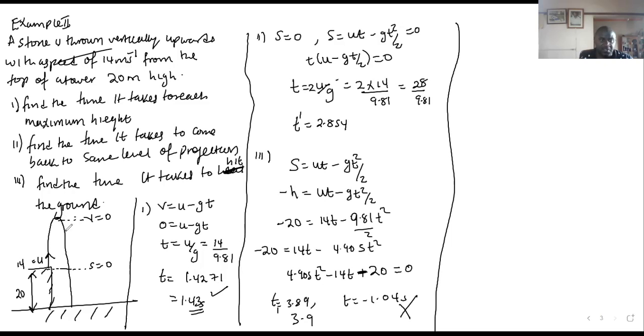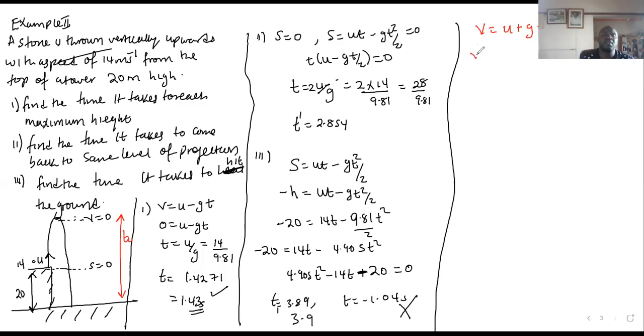Then the other way we can also do it is by finding time of maximum height, which we got, then time from maximum height down to where it strikes the ground. We can find this as time t2. From v is equal to u plus gt because it's coming down. The final velocity, we don't know it, but we can find it.